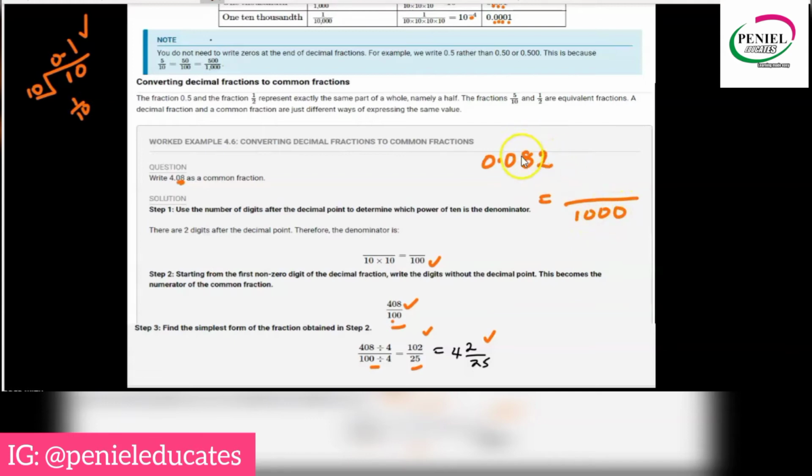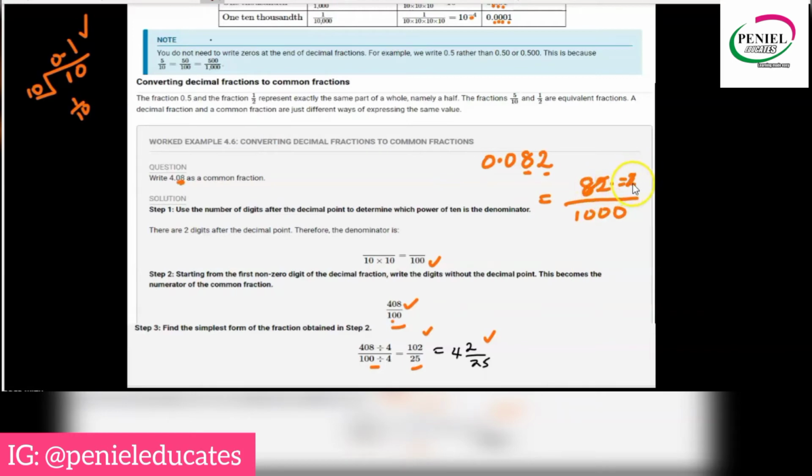I said you're going to start the numerator from the first non-zero digit. This is the first non-zero digit here, and this is 0. So I'm going to put 82 here. Then I can reduce this to the simplest form. Can do divided by 4? No, I can divide by 2.